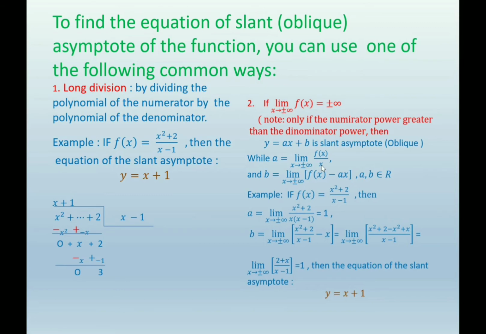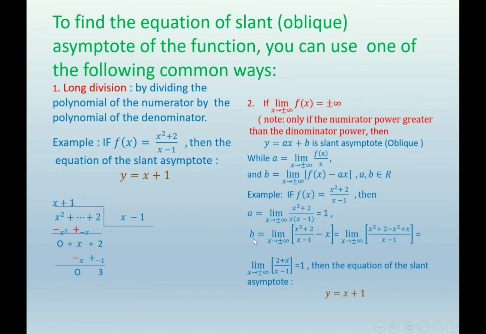Look, x is here and x is there, multiplied by the whole fraction. That will make the denominator x times x squared. And according to the way that we explained before, you take the highest power up and the highest power down and cancel them, and that will give you 1. This is the way to find a.